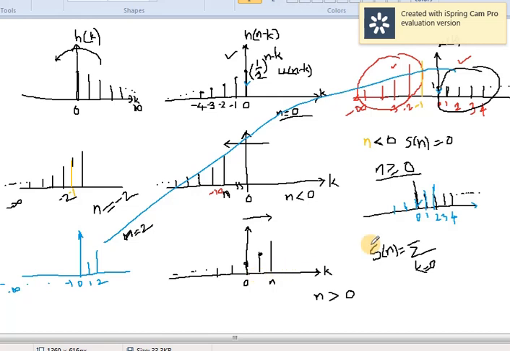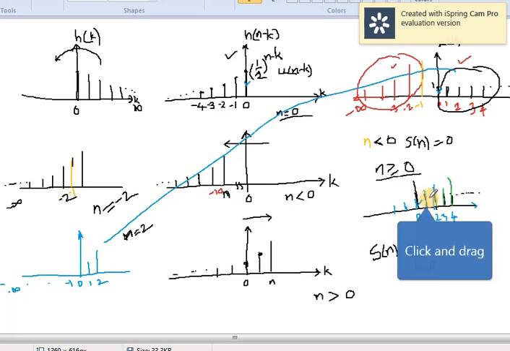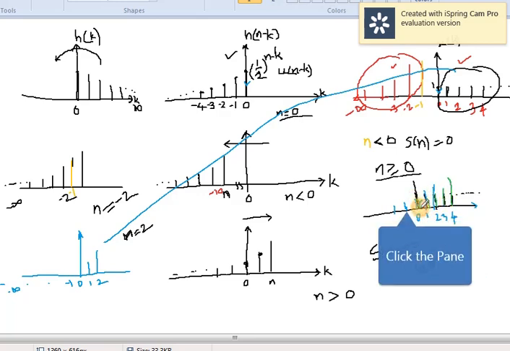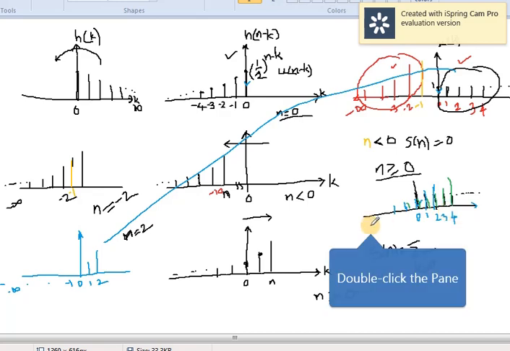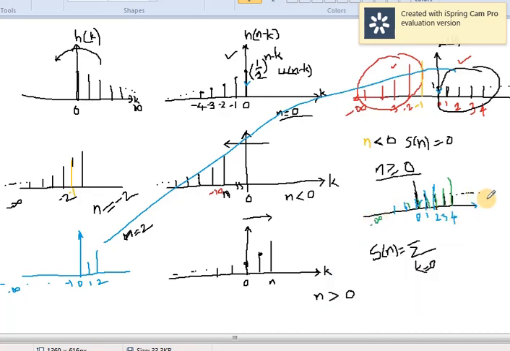But generally, there is no restriction that we should take the upper value as 2. We can take any value. If n is equal to 4, then at that time the first sample of the signal would come at 4, and it runs from 4 to minus infinity.